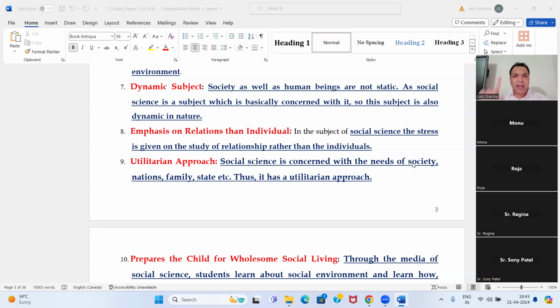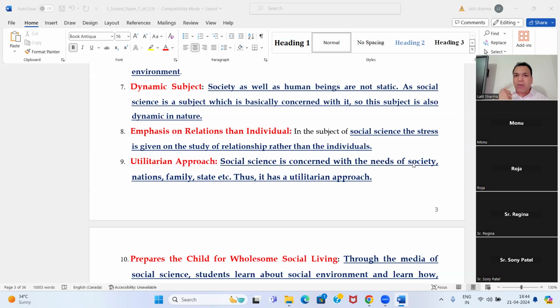Whenever you teach a topic to the student, there should be an application of that topic. It does not mean just to mug up the topic and put it into the mind of the student. You should have a practical approach to that particular topic. This is the application of that topic, and you will see that your student will retain the information for a long time.